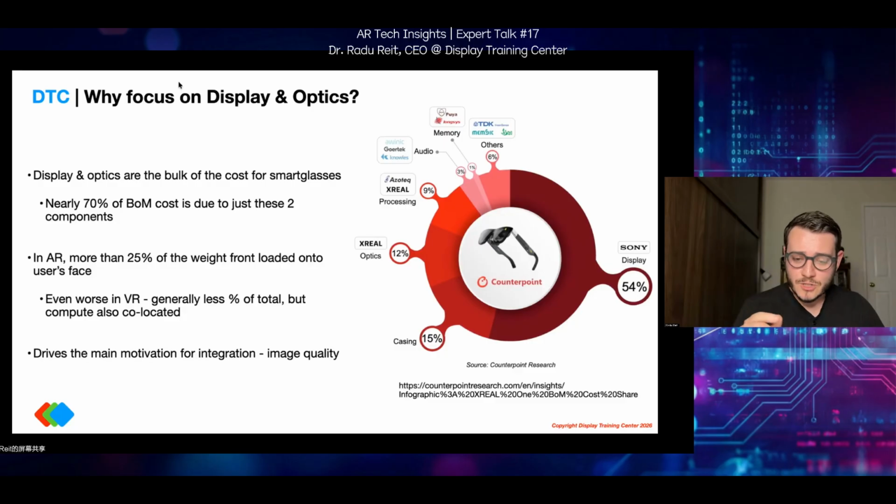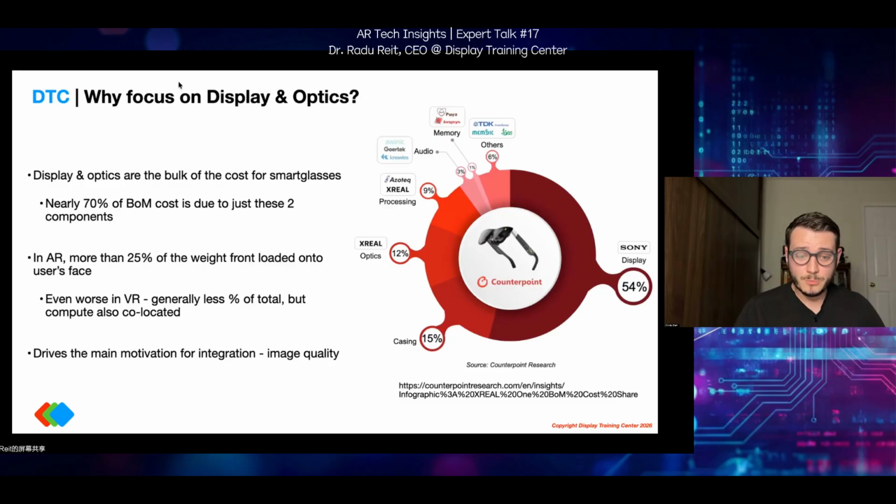Essentially, the device you're purchasing, yes, there's a Snapdragon AR chip inside. Yes, there's some Micron memory inside. But the primary cost that's driving what you pay at the end of the day is going to be based on the display and the optical solution that was chosen for that particular device.